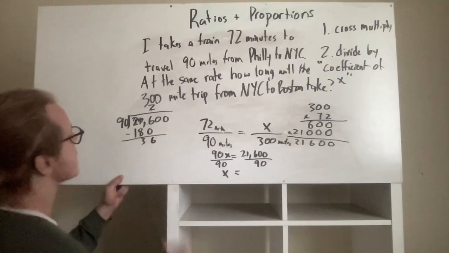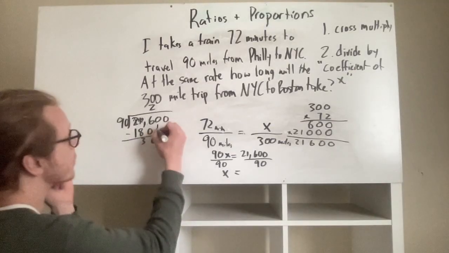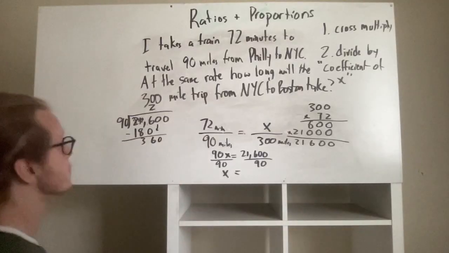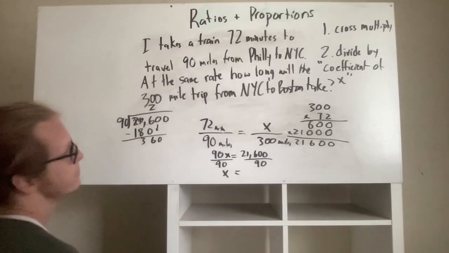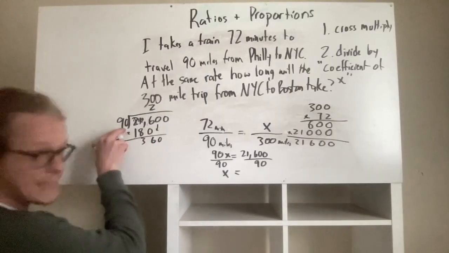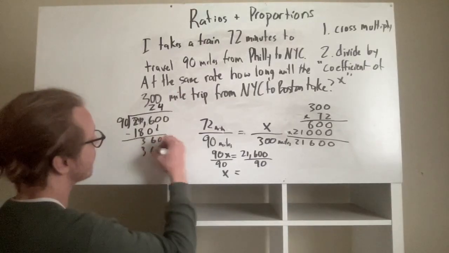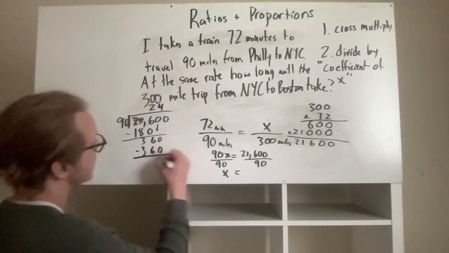Okay, so we get 36 left over. Bring down the next digit, 360. Well, 36 is a 9 times table, right? 9 times 4, so 90 times 4 is 360. This goes in 4 times. Now we have nothing left over.